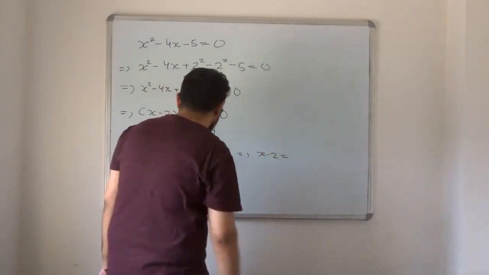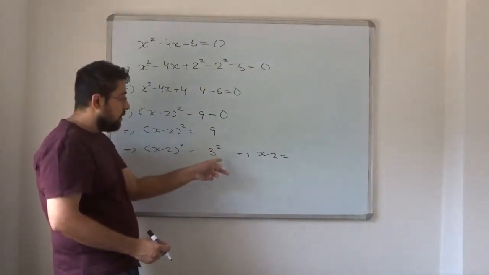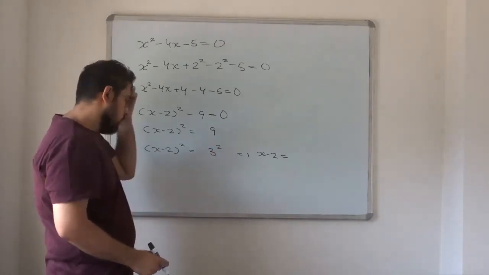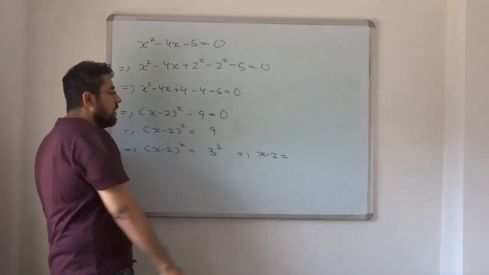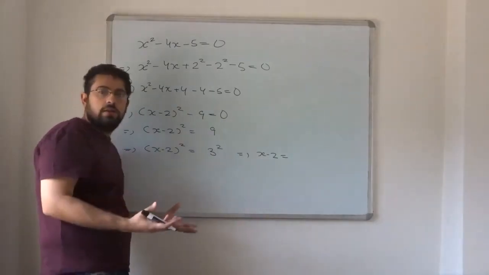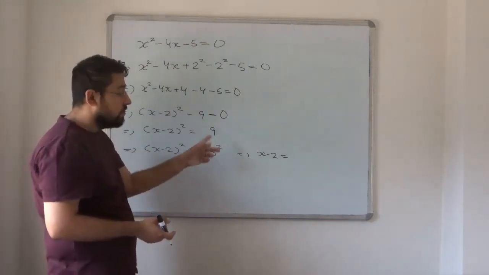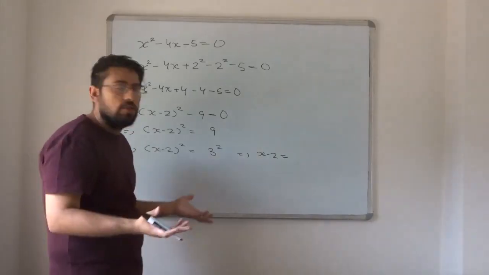Now remember, we don't have 3 squared, we have 9. This is 9, this is not 3. Many people will confuse that. So when you take the square root of 3 squared, or the square root of 9, what do you get? You get 3, isn't it?